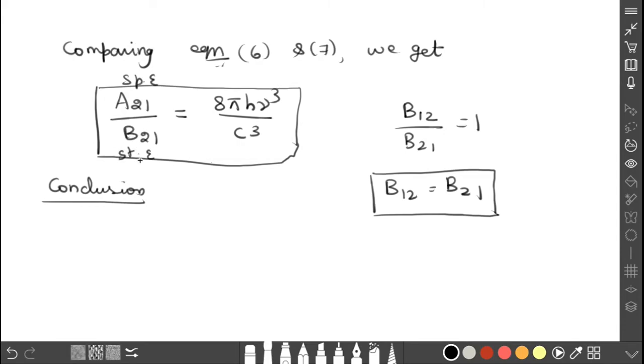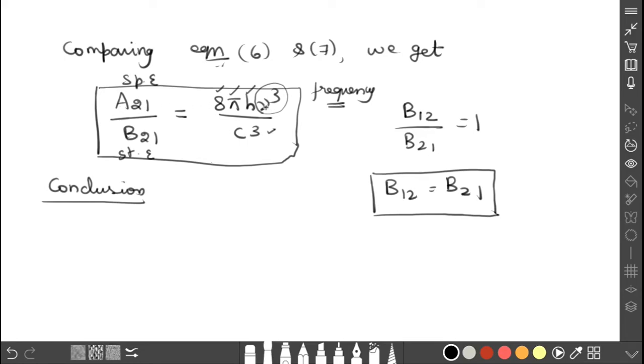So the ratio of spontaneous to stimulated emission rate is equal to 8 pi h nu cube divided by c cube. 8 is a numerical number, pi is a constant, h is Planck's constant, and c is the velocity of light. So the only variable is the frequency of the incident photon. So this ratio depends on the frequency of the incident photon, and A21 is directly proportional to frequency.